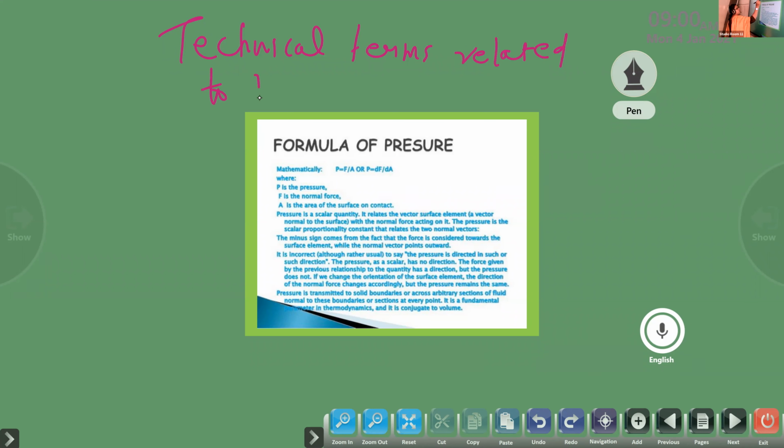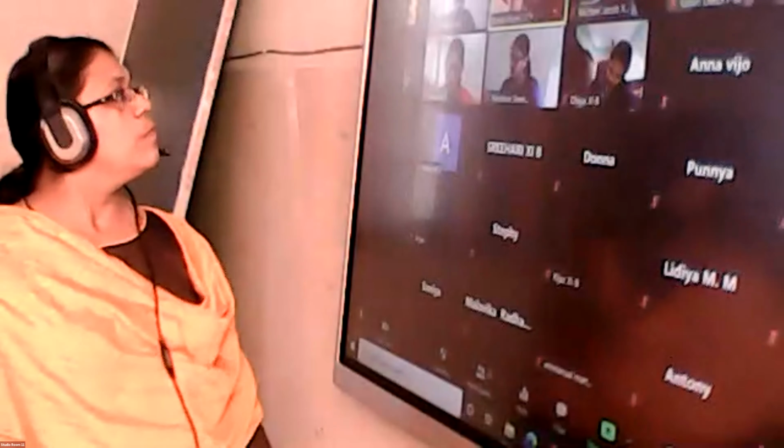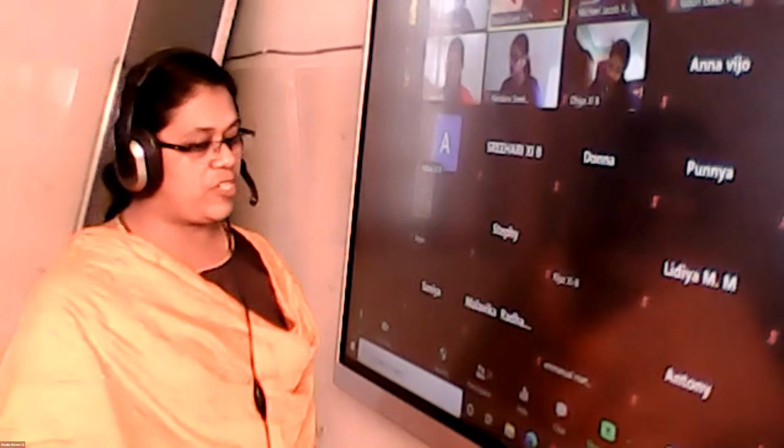So this is also coming from 9th standard physics. Because in 9th standard physics we have a chapter, gravitation. In that we have learned the first technical term is pressure.